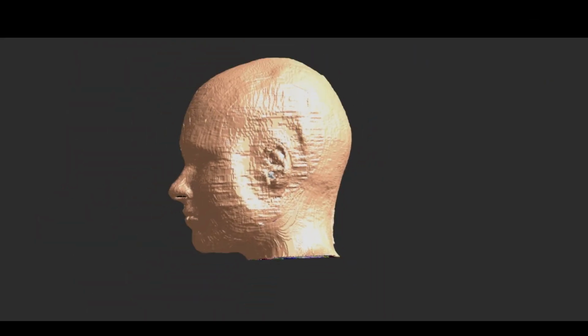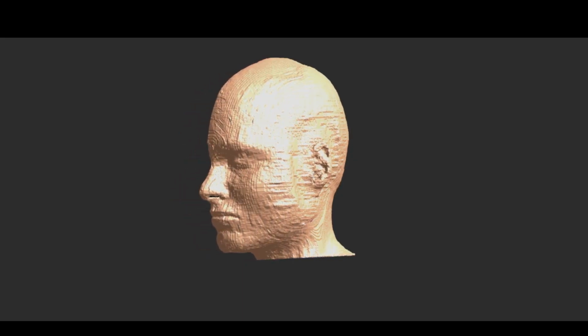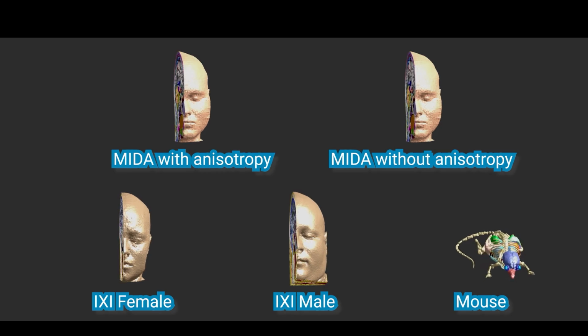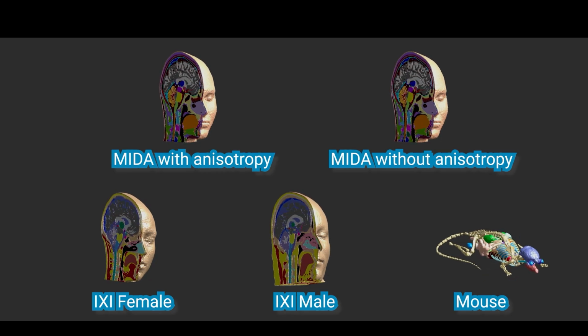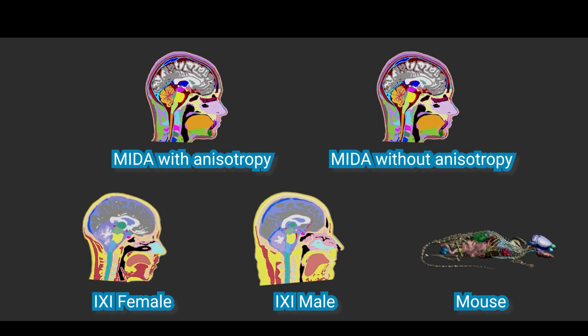For users of the non-personalized pre-computed models, TIP version 5 ships ready-to-use Sim4Life template projects for all 5 models: MIDA isotropic and anisotropic, ICSI female and male, and the mouse.